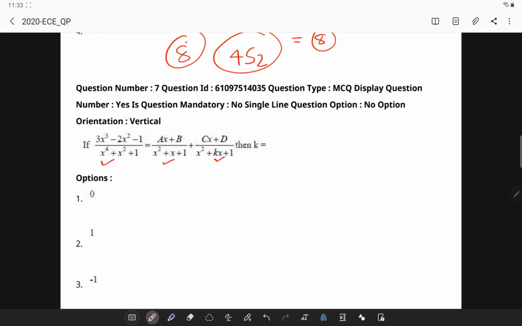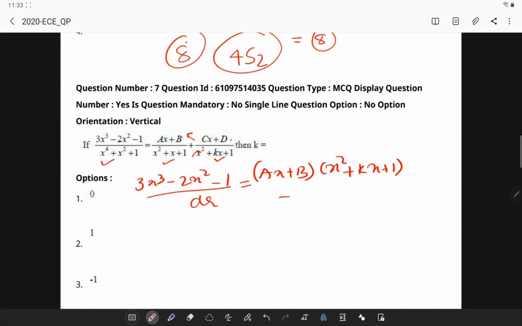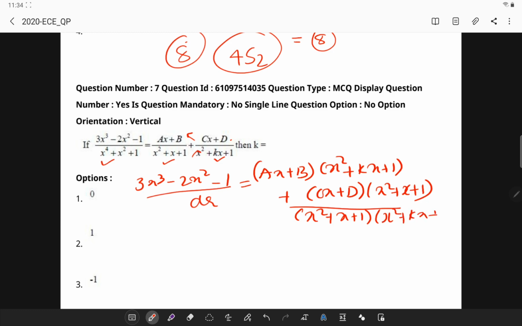If I just cross multiply, I'll be left with 3x cube minus 2x square minus 1 divided by the denominator is equal to (ax plus b) into (x square plus kx plus 1) plus (cx plus d) into (x square plus x plus 1), divided by the multiplication of (x square plus x plus 1) into (x square plus kx plus 1).